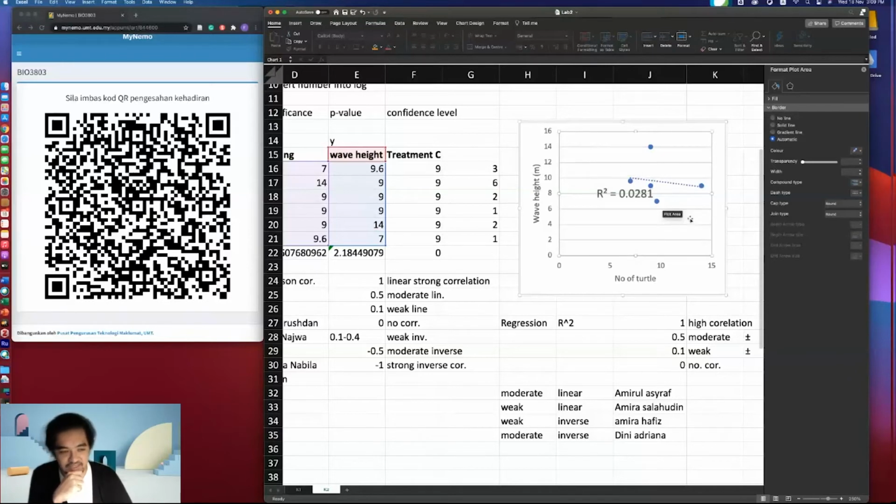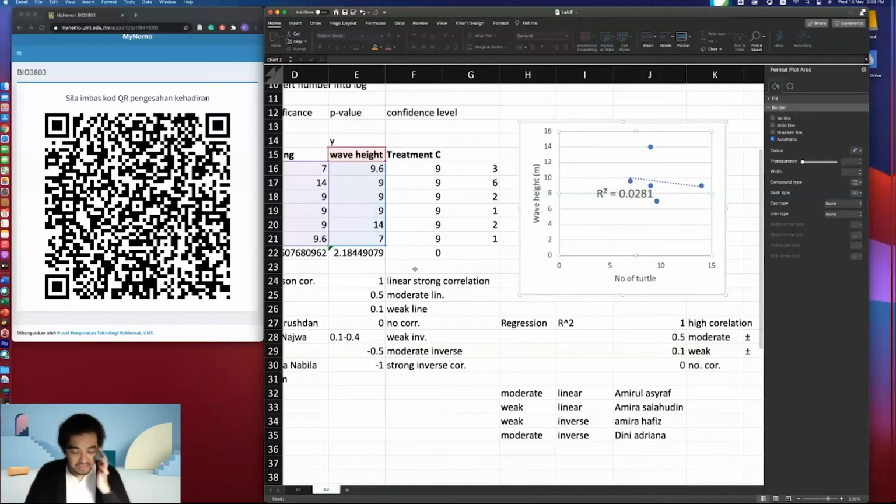It indicates it has a very strong inverse correlation. So kalau dia dapat nombor yang sama, indicates very positive. In this instance, 0.0281. Okay, not the best example, my apology. But then again, kalau facing this direction, if close to 1, it indicates a very strong negative correlation. Okay, that's how you do regression.